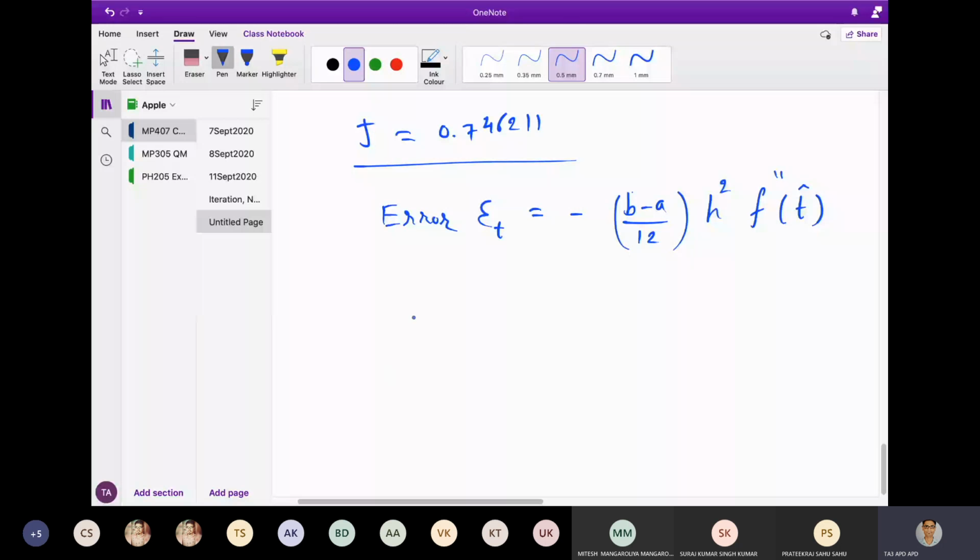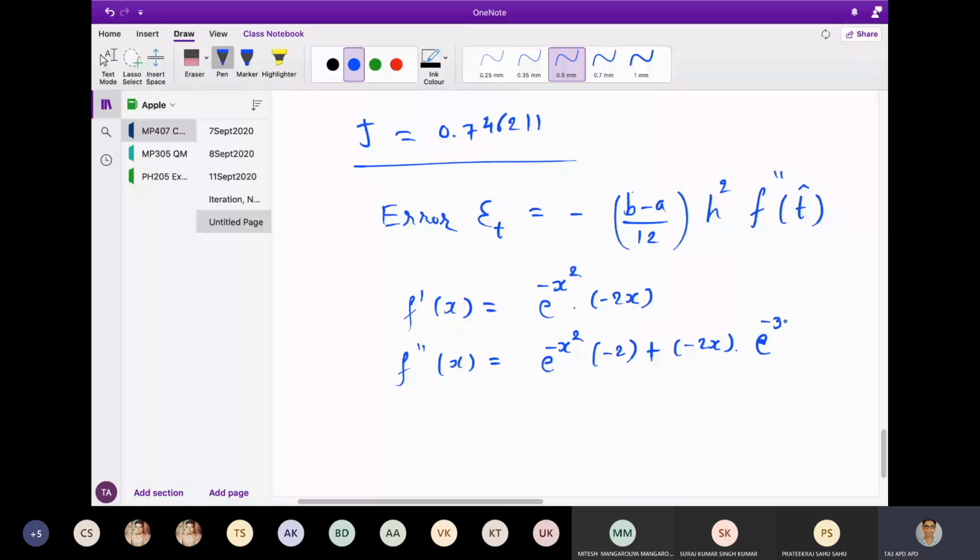So पहले तो first let me take the first derivative f prime. So that is equal to e to the power minus x square into minus 2x. ठीक है. But we need the second derivative according to the definition. So you have the integration by parts. So e raised to minus x square, differentiation by parts. So this is going to be minus 2 plus minus 2x into e raised to minus x square into minus 2x. Alright.